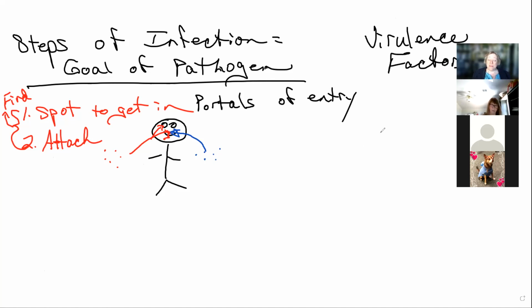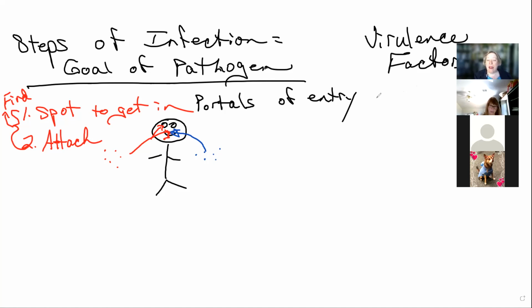Virulence factors are structures or products of a pathogen that can cause disease. So the more virulence factors a pathogen has, the more severe disease it causes. Virulence is a measure of the severity of disease.